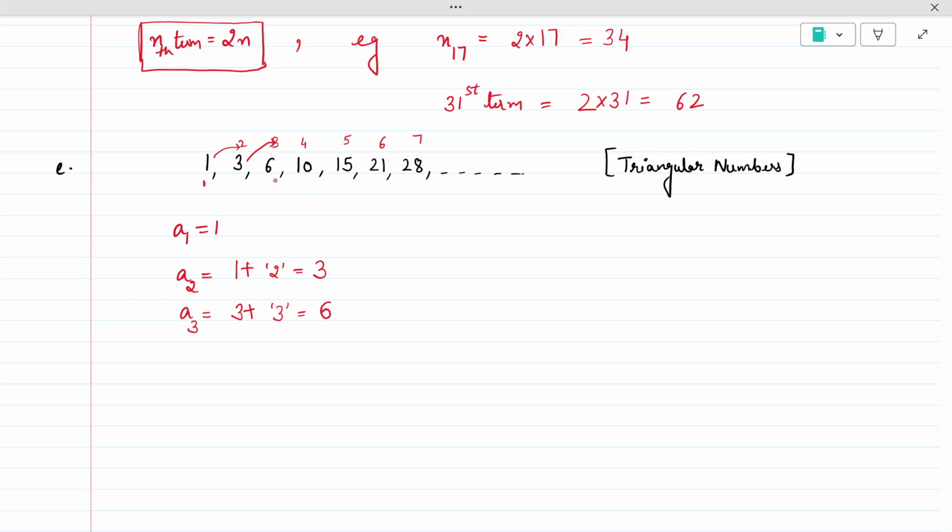So that's how we are getting 6 here. Similarly, to find out A4, I will take the previous number 6 and I will add the current number's position. This is the fourth position. See, this was first position, second position, A1, A2, A3, A4 we have done the terms.